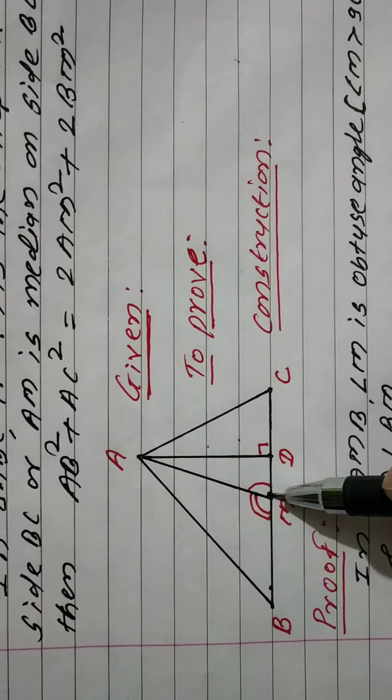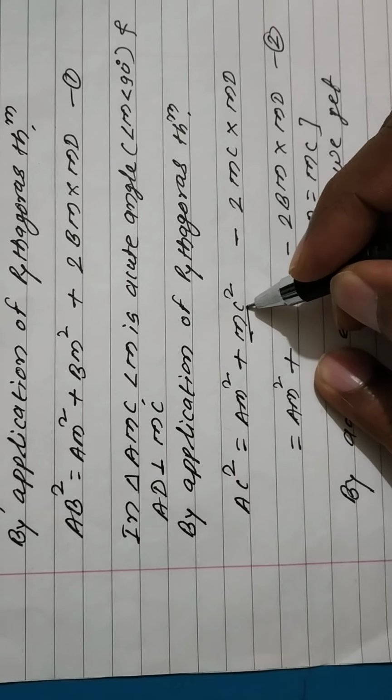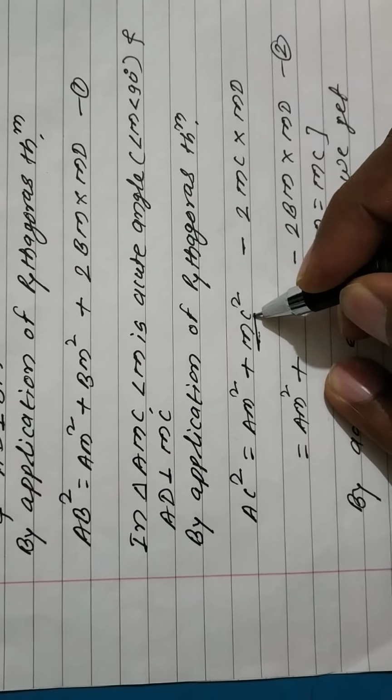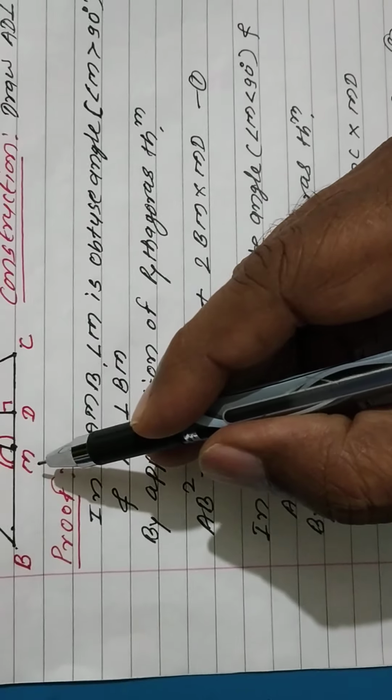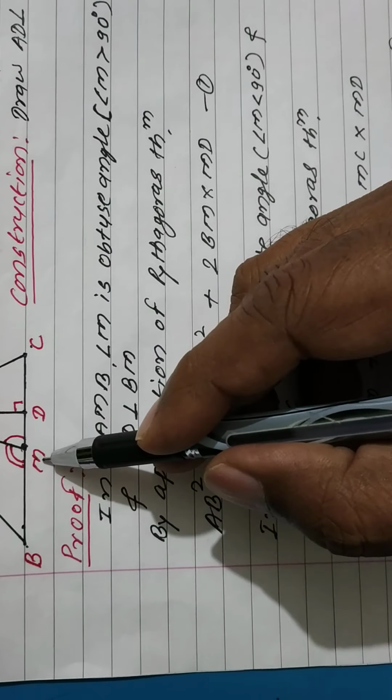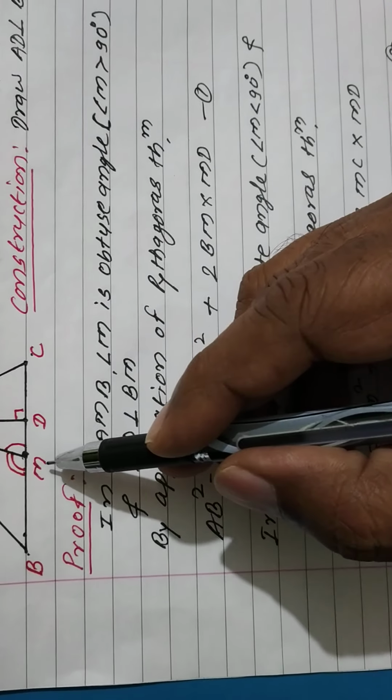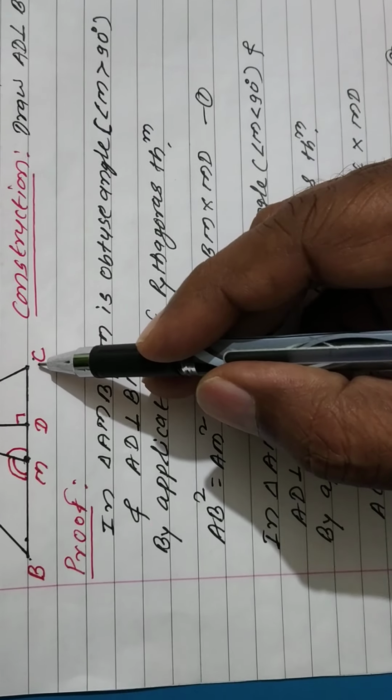This is equal to AM square as it is, plus, instead of MC, I substitute BM, because BM is equal to MC, as M is the midpoint of BC.